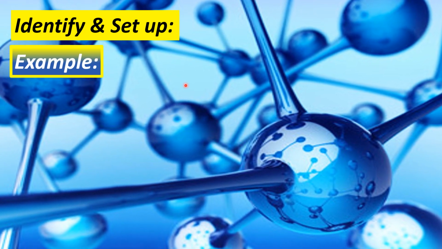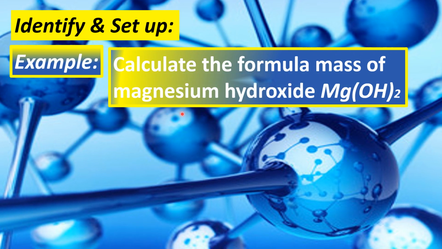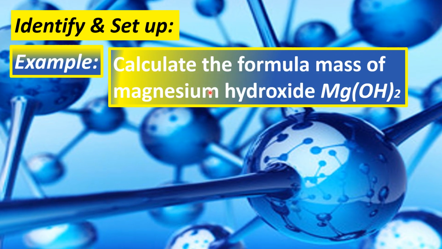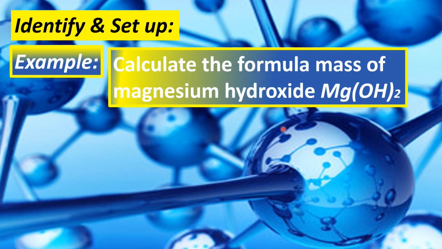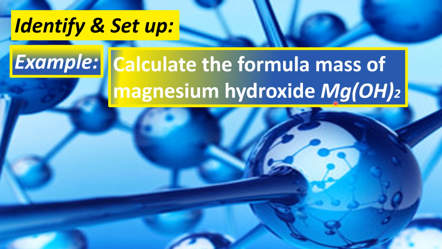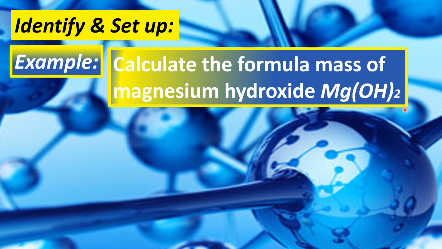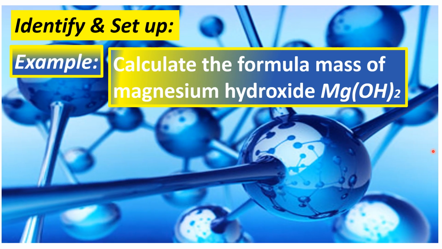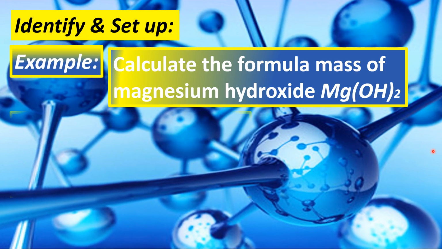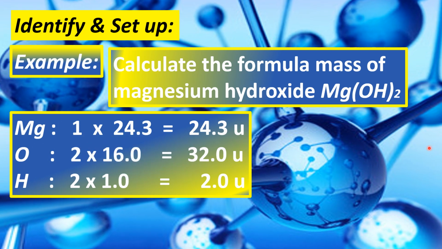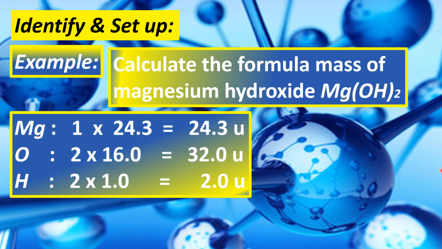As an example, supposing you're asked to calculate the formula mass of magnesium hydroxide with the formula Mg(OH) subscript 2. In this formula, there is one magnesium atom.